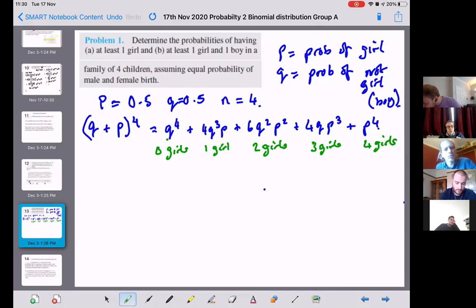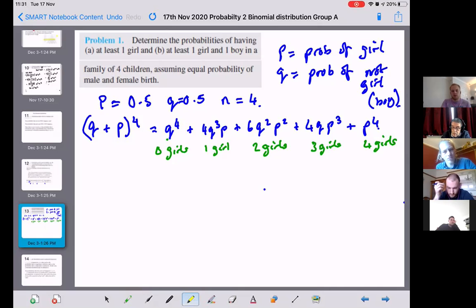Now, what do we need to do if Q to the 4 is a probability of 0 girls, 4 times Q to the 3 times P is 1 girl? How do we find the total probability of at least 1 girl? Put the P and Q into the equation, do you not?